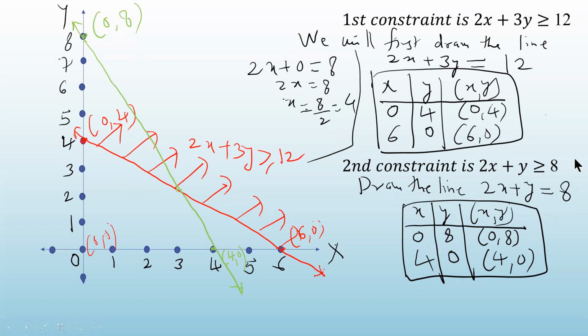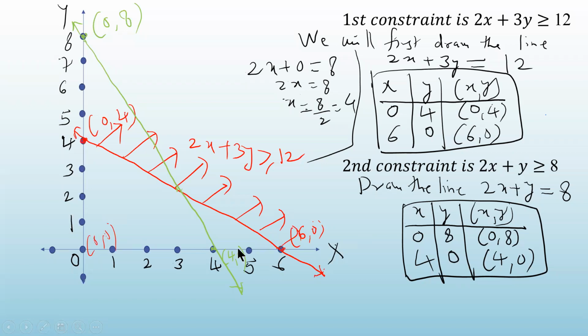Now I want to draw this constraint 2x plus y greater than or equal to 8. So I hope you can now tell me it is which side portion of the line? Greater than. Okay. So if I take the portion of the region below the line, and take the point 0, 0, putting x equal to 0, y equal to 0, you are going to get 0, which is less than 8.